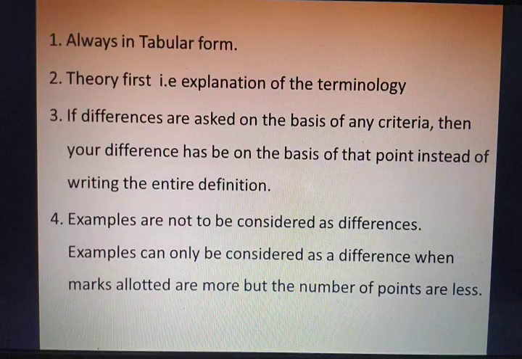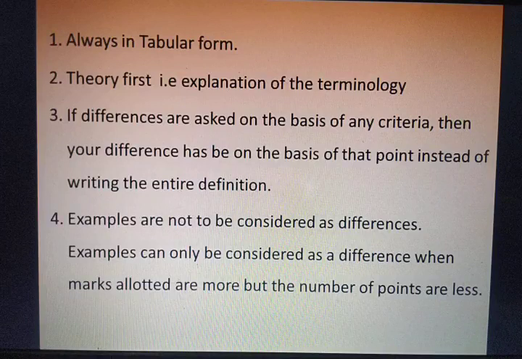So what will you write? You will write the difference is tiger and crow or eagle. Not at all accepted. Tigers and birds, or rather eagles and crows, these are not differences. The examples cannot be the difference.